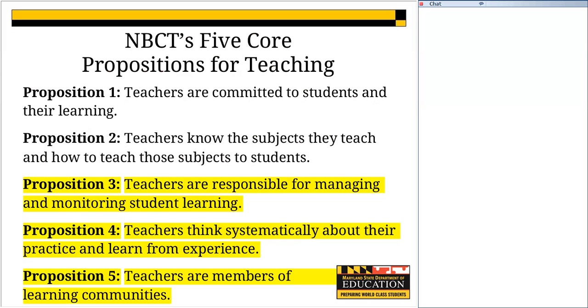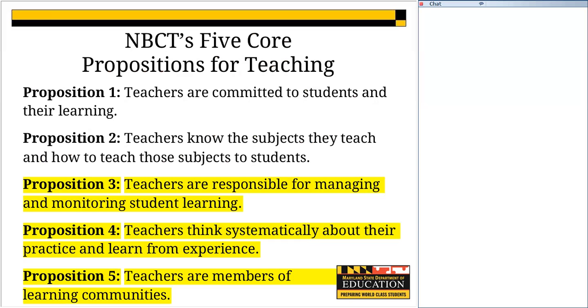Teachers are responsible for managing and monitoring student learning, so we're looking there at, obviously, part of the formative assessment process, collecting, eliciting, and using evidence, examining data, and that can be done in a number of different contexts.